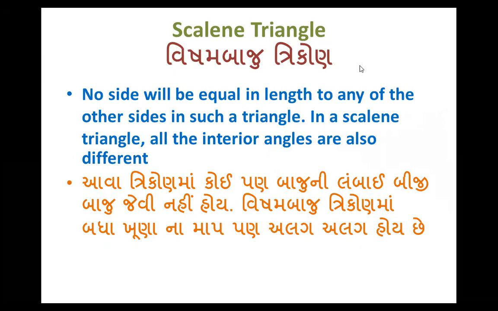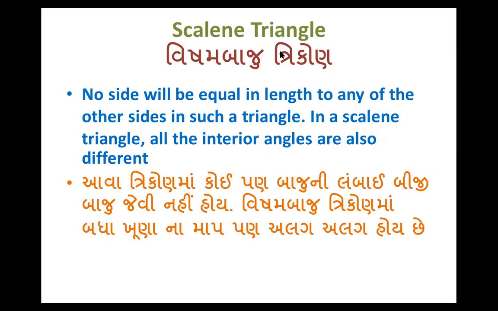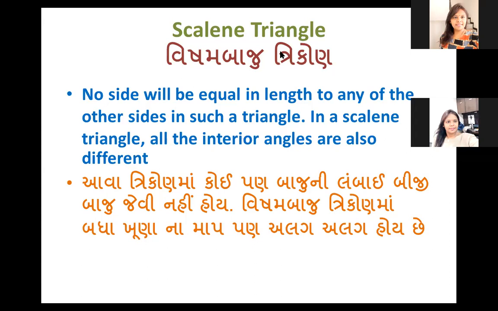So if one side has length 5, the second is another and the third is another, and the angles are also different from each other. No two angles are equal. No two sides are equal. So these are the properties. No side will be equal, and no interior angles are equal. They are all different from each other.